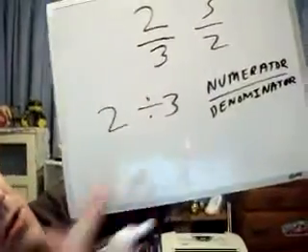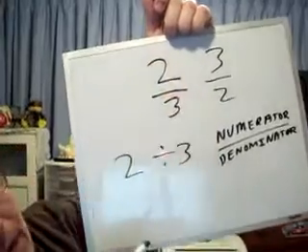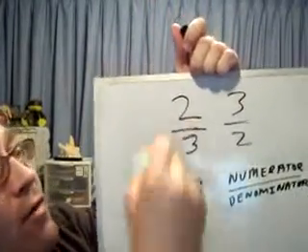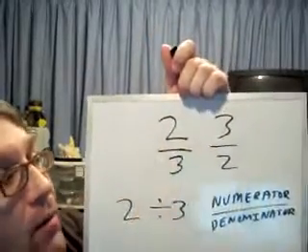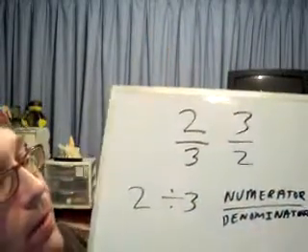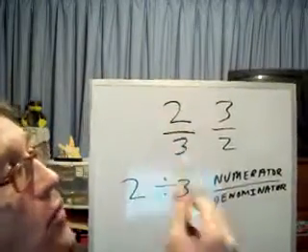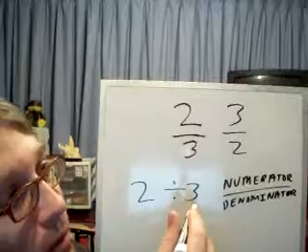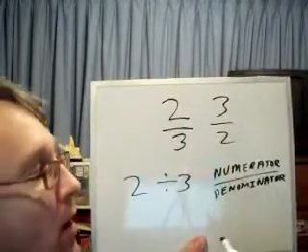Okay? So you can divide the numerator by the denominator. So you can divide 2 by 3. Now that would give you 0.666 to infinity, but you can do that. Okay? Now, we now know that that's a fraction. We also know now that's a division problem. Because you can divide the 2 by the 3. So that's also a division problem.